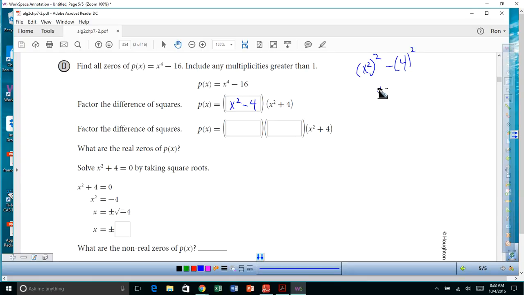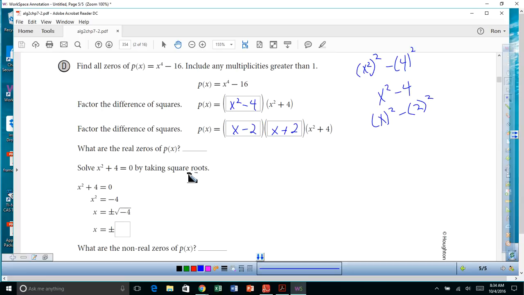Well, x squared minus 4, I'm seeing another perfect square in there, and that's going to give you x minus 2 times x plus 2.